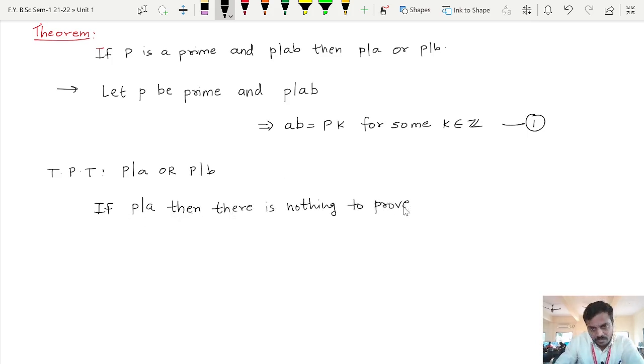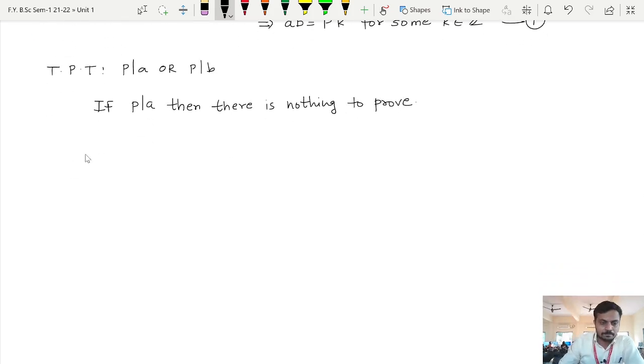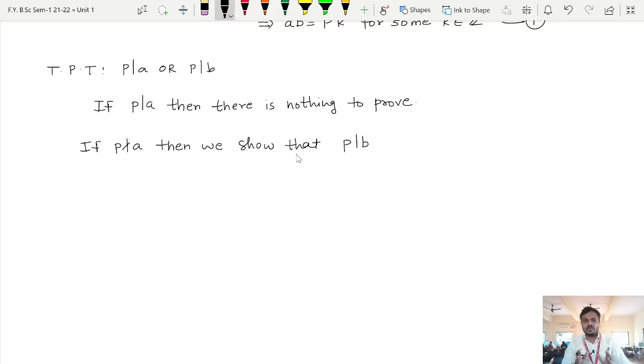So let us assume that P does not divide A. So I will say, if P does not divide A, then we show that P divides B. Now try to understand here. We have assumed that P does not divide A, and our claim is to show P divides B. So in order to prove P divides B, we need to show that B is a multiple of P. In other words, we have to show B is equal to P multiplied by some integer.